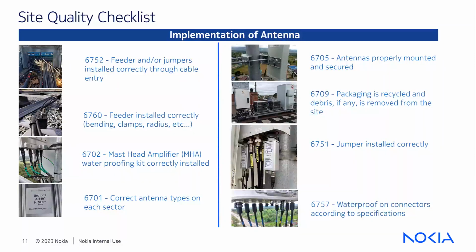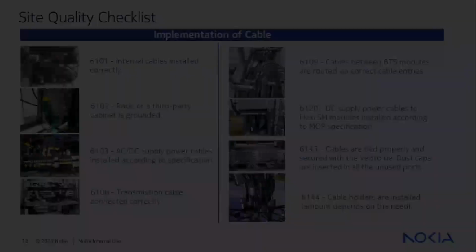Correct antenna types to be installed on each sector. Antenna properly mounted and secured so that it may not move from its position. Packaging material is removed from the site so that the site is clean. Jumper installed correctly. Waterproofing on connectors to be as per specifications.